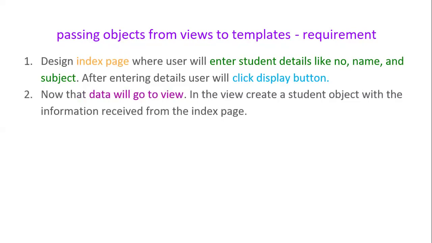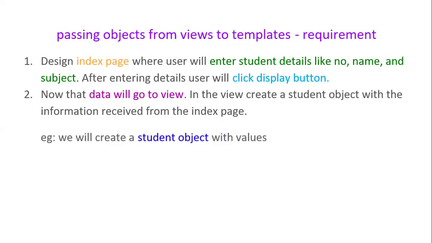In the views, we have to create a student object with the information received from the index page. Whatever data I'm getting, I have to create as an object and store it. You know the concept of class and object in Python code, right? Same thing. We have to create an object here. How to do it? We'll see. No worry.